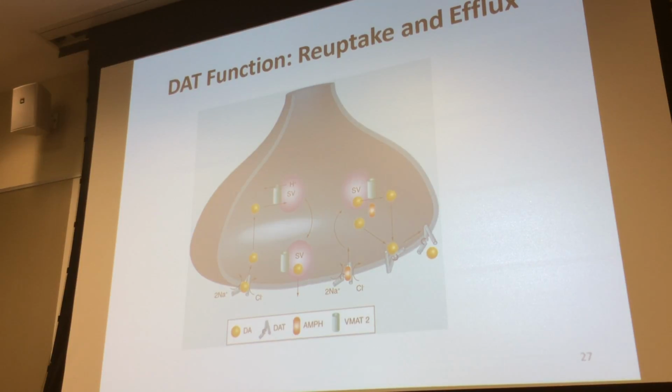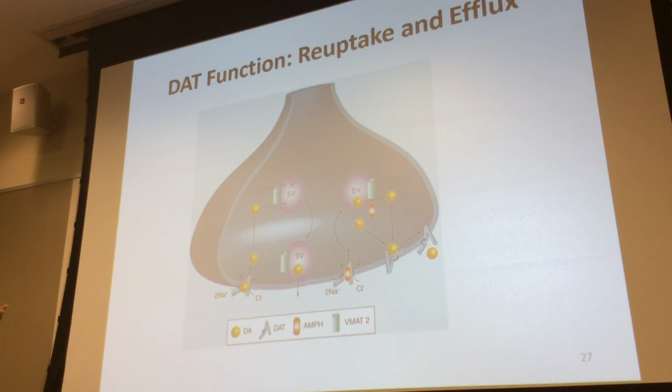The dopamine transporter, like all the monoamine transporters, is bidirectional. So in addition to taking up the substrate back into the vesicle, it can also release the substrate from intracellular space to extracellular space. Here we have the vesicles that store the dopamine, and if you give a drug like amphetamine, it causes the dopamine in the vesicle to be released into the cytosol instead of the whole vesicle docking on the membrane and undergoing exocytosis, right?